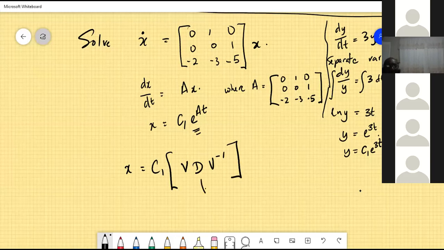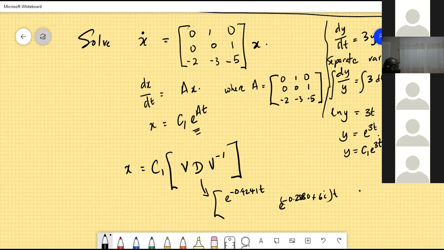So the D now is going to be the matrix E raised to the negative 0.4241 T, and the other one is E to the negative 0.2880 plus 6i, I think, times T. And the other one was E to the negative 0.288 minus 6.